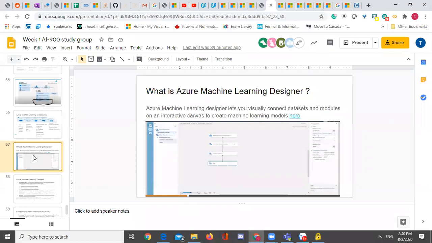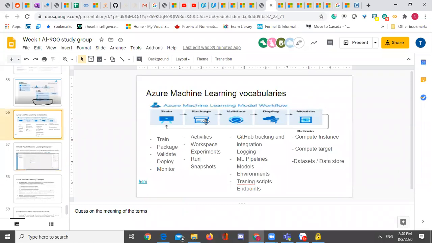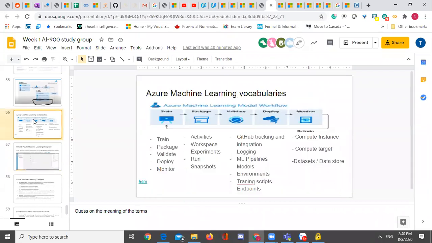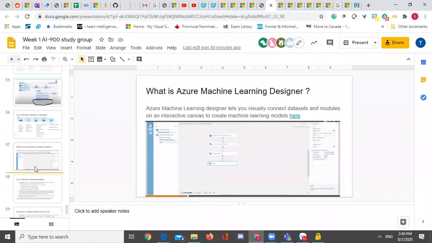Basically what they're asking you is the process of the machine learning workflow, but they give you the interface so that you can arrange the steps. So remember this, go through the workflow and try to be familiar with the Designer.